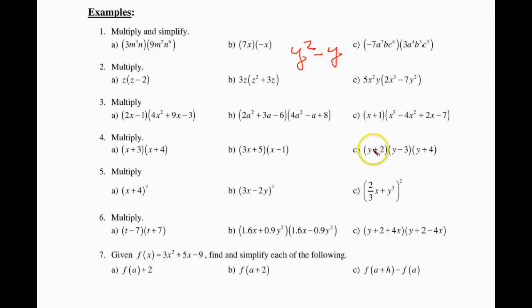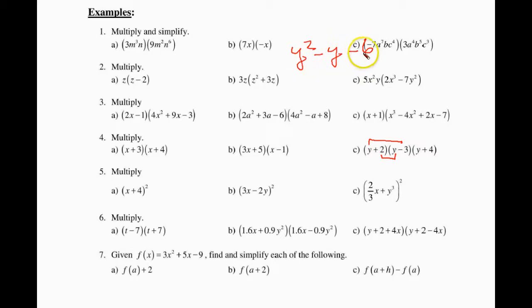I'm doing the outers and inners mentally. There's a negative 3y. There's a positive 2y. It leaves me with a negative 1y. And now I do my last, which is a negative 6.